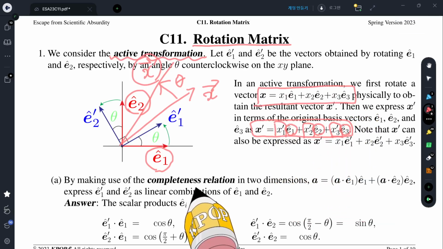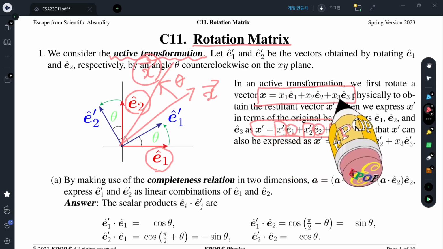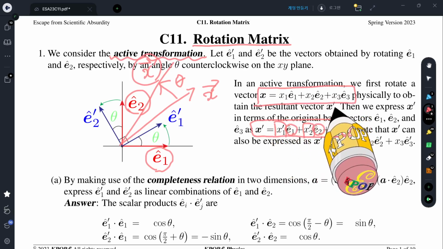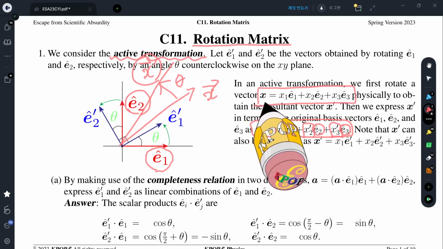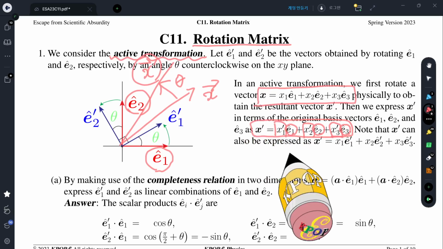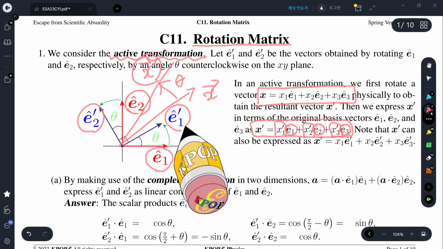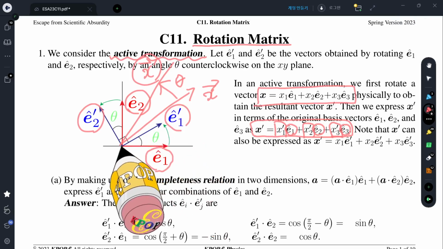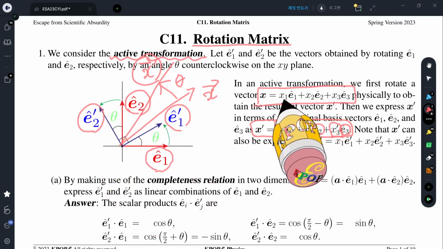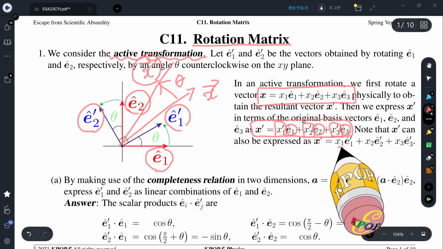If we keep the Cartesian components the same, the resultant vector can also be expressed in terms of a new basis that is actually rotated. In that case, relative to this rotated basis, the Cartesian components are invariant.